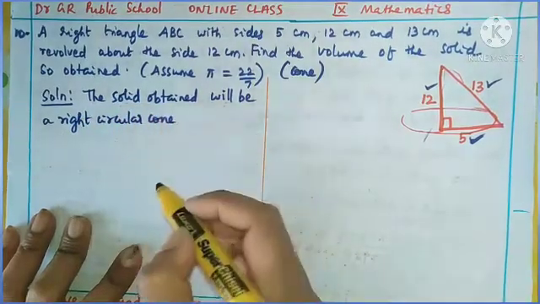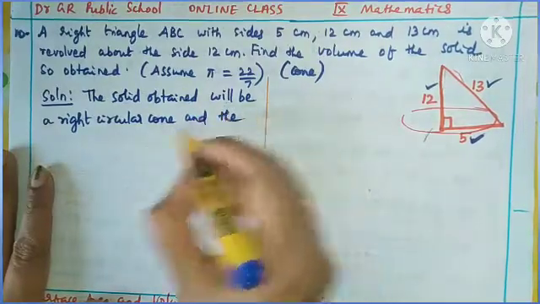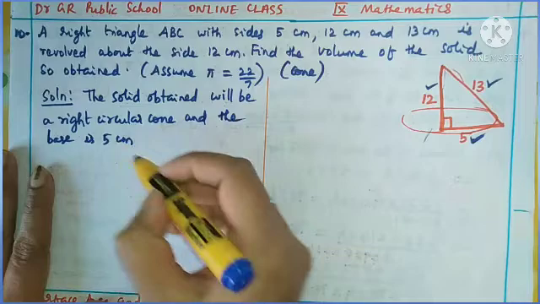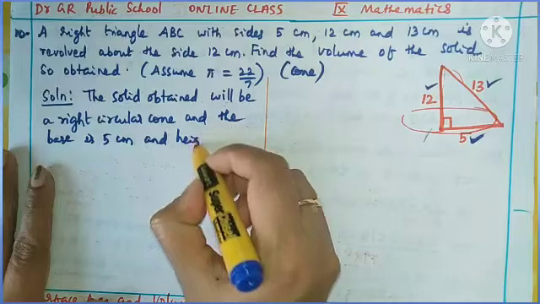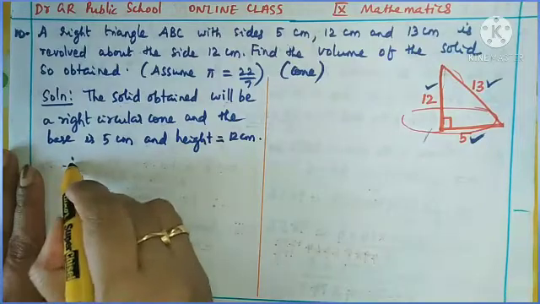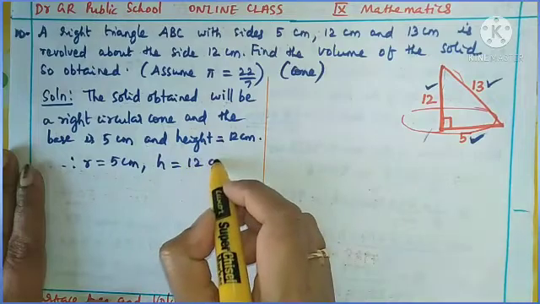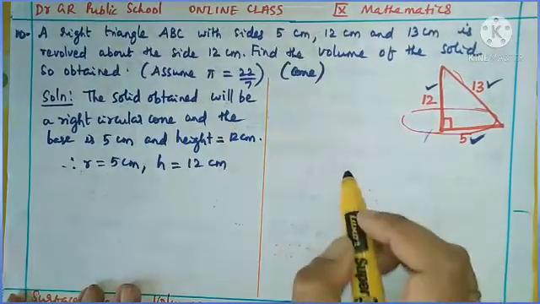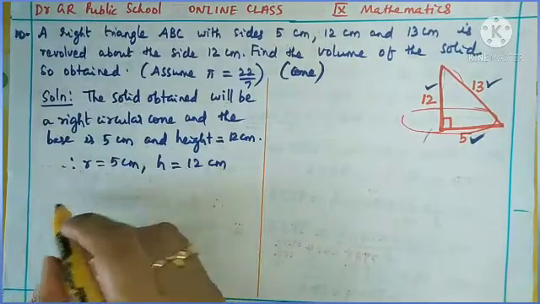The radius of the base is 5 centimeter and the height is 12 centimeter. So the solid obtained by revolving a right angle triangle is a right circular cone. Understood? Now we can find the volume.